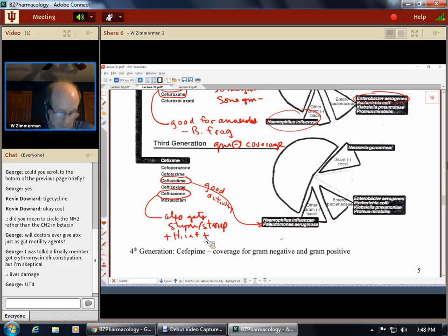It's also going to pick up the Klebsiella pneumoniae. When we think about that, it's like, hold on, we get staph, we get strep, Strep pneumoniae, Haemophilus influenzae, Klebsiella pneumoniae, for respiratory infections. So that's a big use of ceftriaxone, respiratory infections.